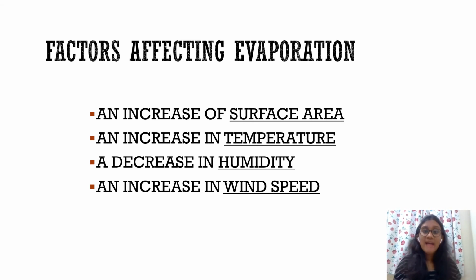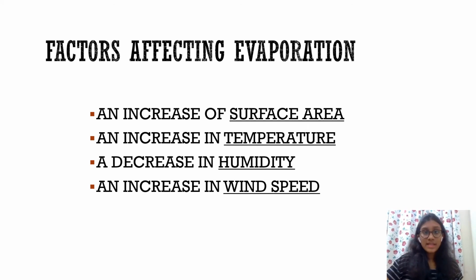Number 2, an increase in temperature. Increase in temperature refers to an increase in the heat supply. This heat increases the kinetic energy of the particles and hence these particles enter into a vapor state. Number 3, a decrease in humidity. Humidity refers to the water content in the atmosphere.